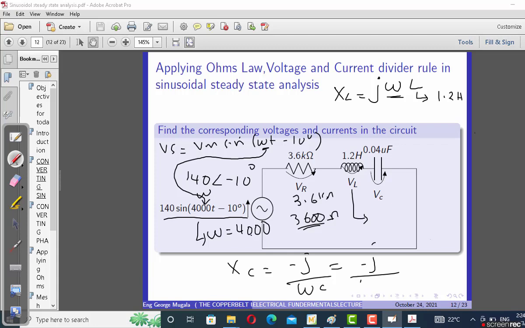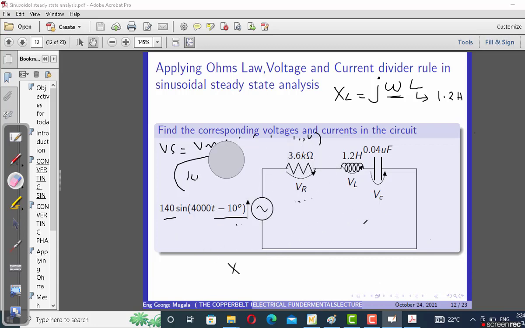Omega is 4,000, times C, which has already been given to be 0.04 times 10 to the power minus 6, because microfarad is a factor of minus 6. Okay, now we can get everything in perspective, right?